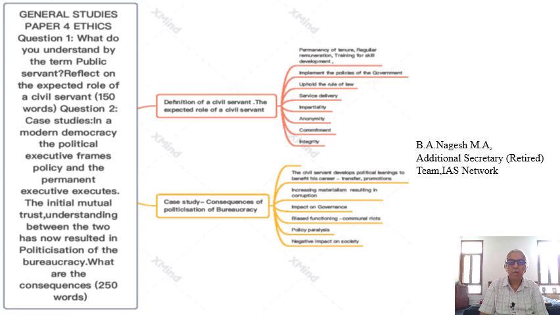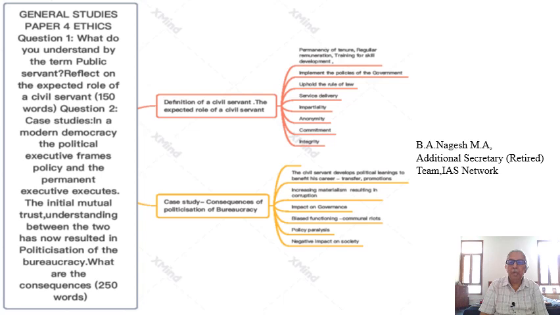So this particular topic is common to the optional Public Administration, where you read in detail. Then in General Studies Paper 2, role of civil service. Now with this background we go into the question: definition of a civil servant, and the expected role of a civil servant, 150 words.